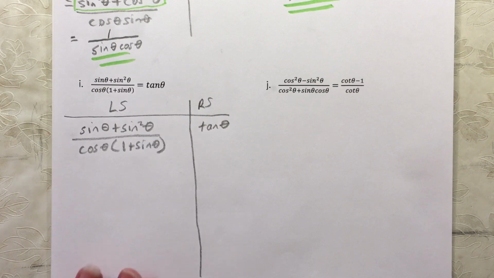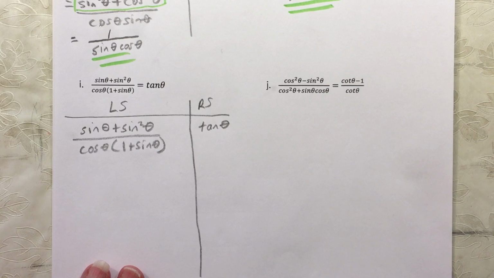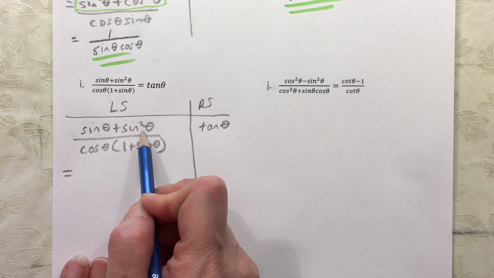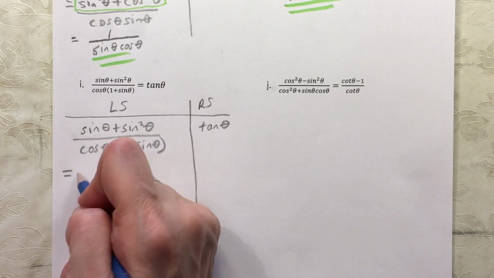So when you see that the bottom's in factored form, you would want to check and see if there's anything you could factor, or you could put the top into a factored form. So sine theta plus sine squared theta has a common factor of sine theta.